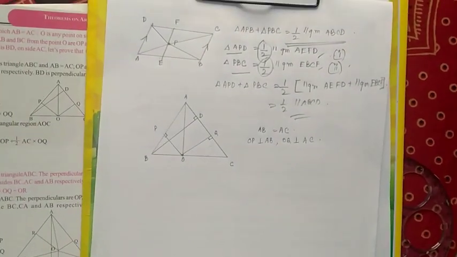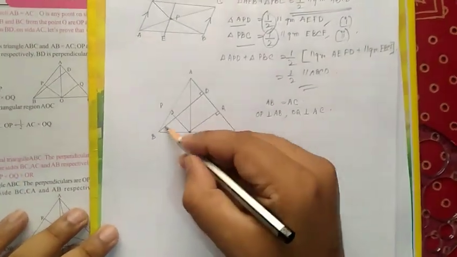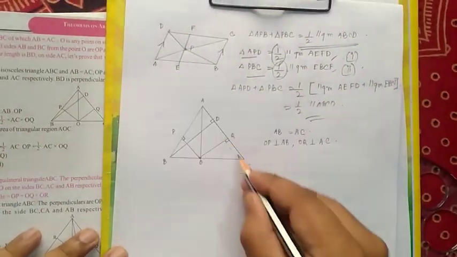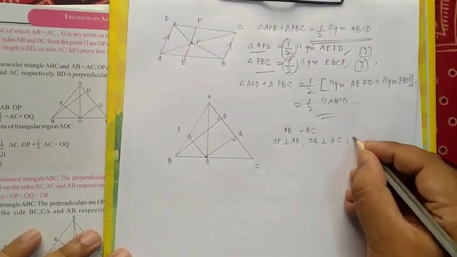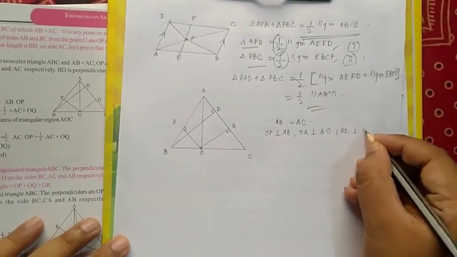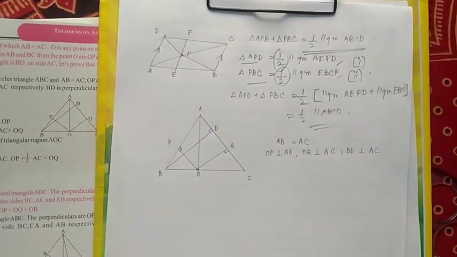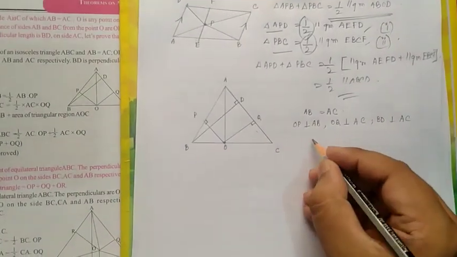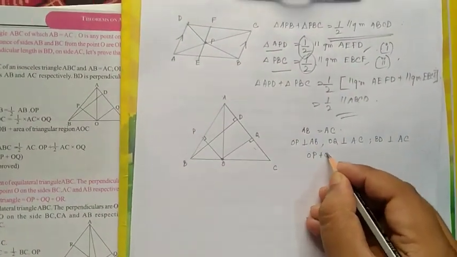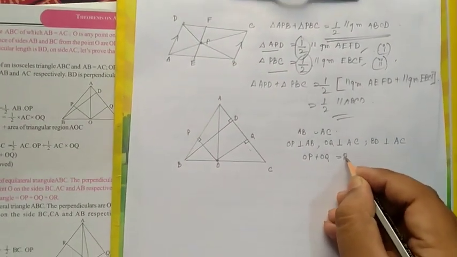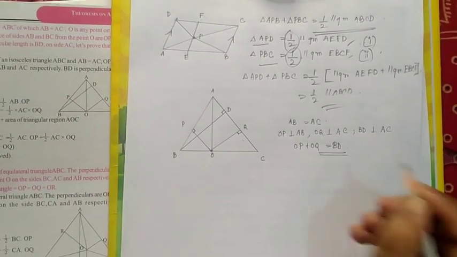And BD is also perpendicular to AC. We have to prove that OP plus OQ equals BD.